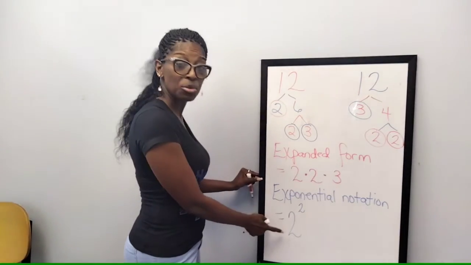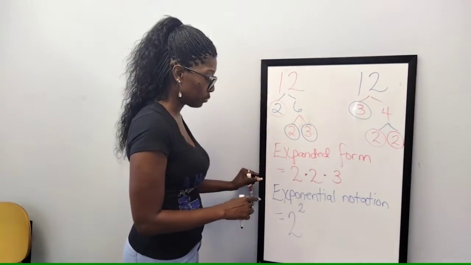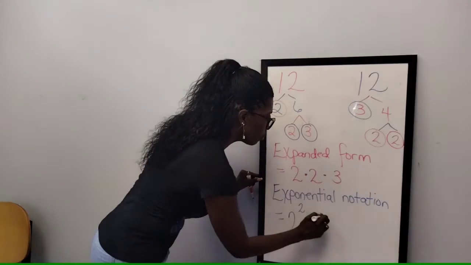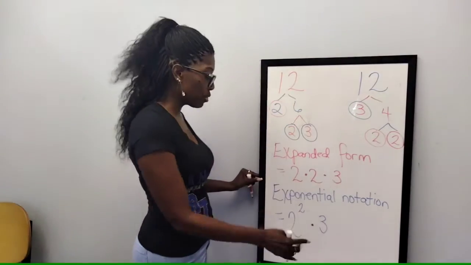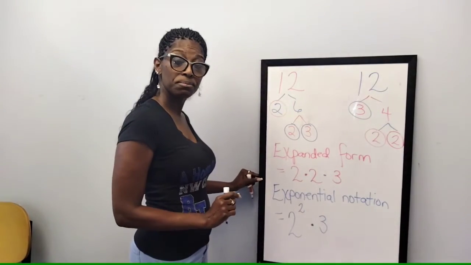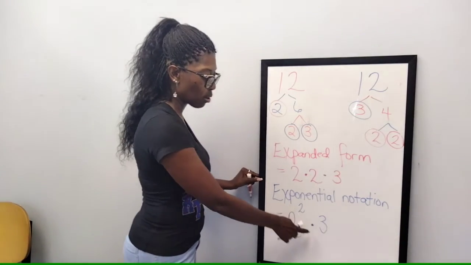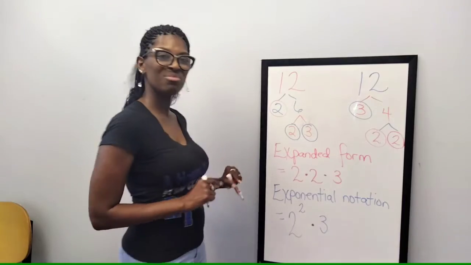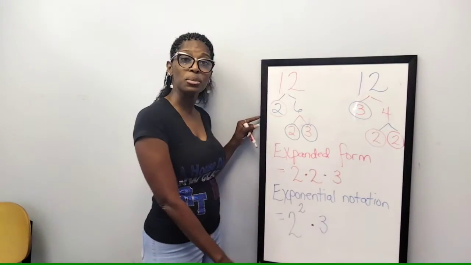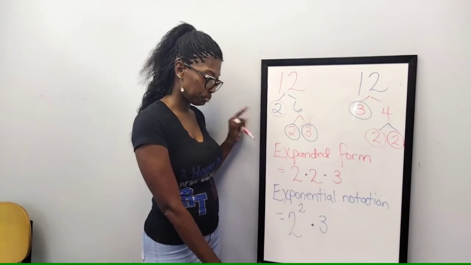That exponent is telling you it was two 2s. Times 3. There's only one 3, so it's 3. 2 to the second power times 3 is 12. These are the steps for prime factorization.